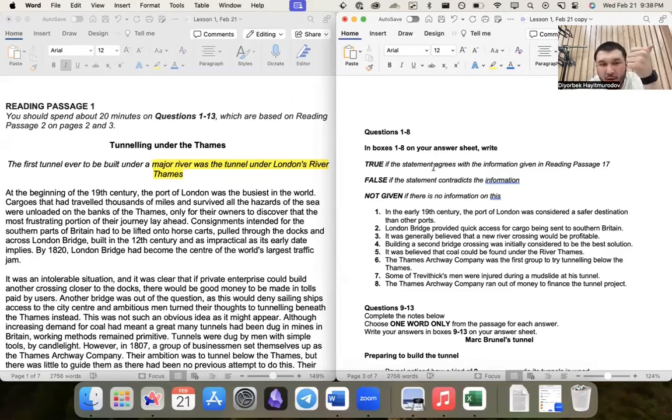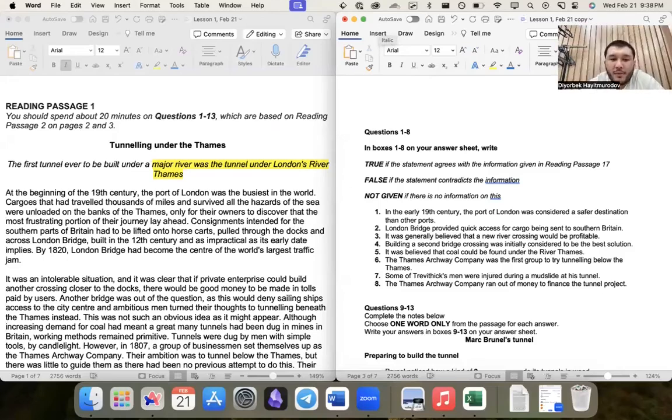Matching information, matching features. What else? Multiple choice is in order. Classification, and choosing from a list. Can you guys write it in the chat? Can you write it in the chat? Okay, yes.